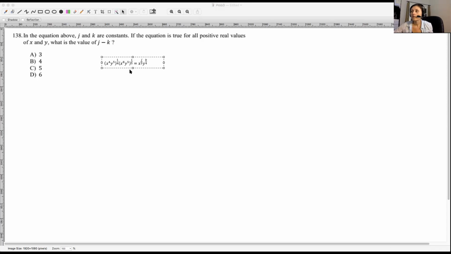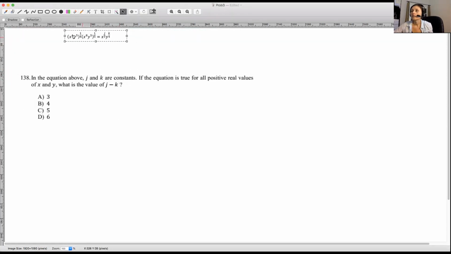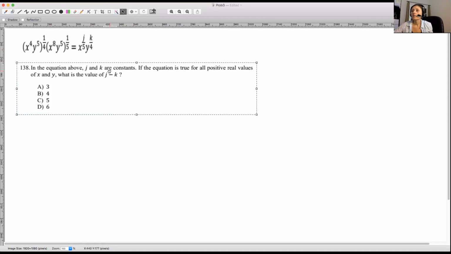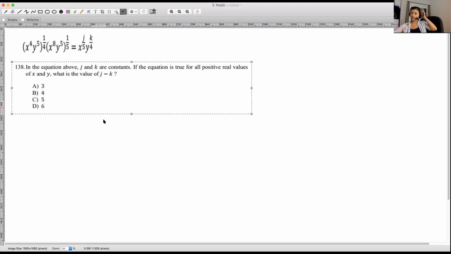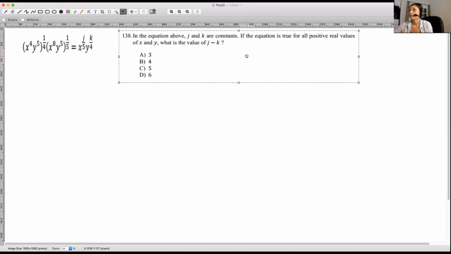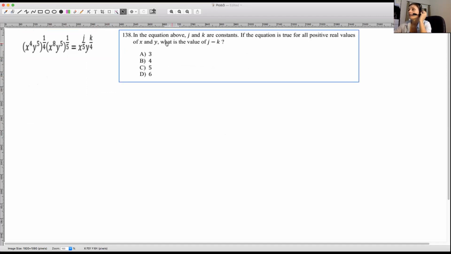This is the equation here. It definitely is not a linear equation, but you get to refresh a little bit about powers. Okay, so in the equation above, j and k are constants.